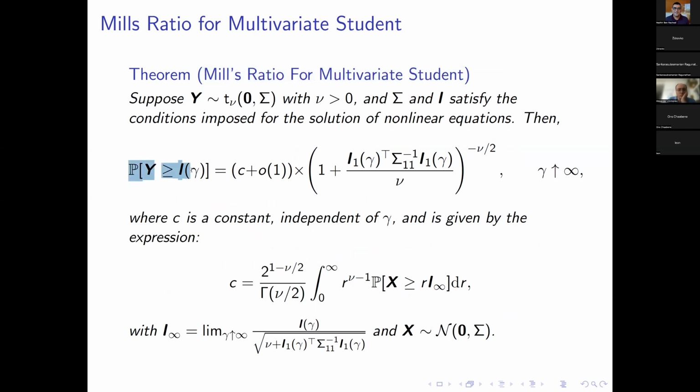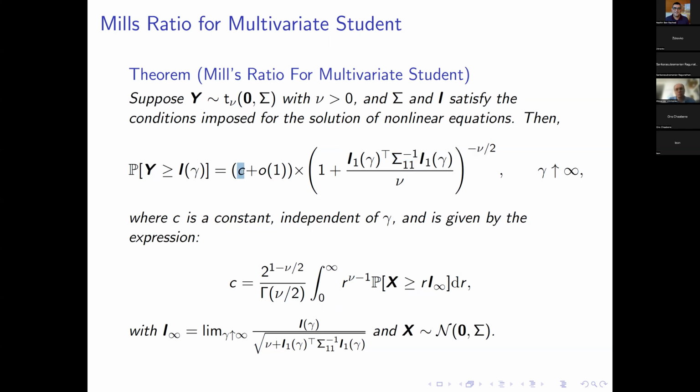So the tail of the multivariate student density is asymptotically the same as the multivariate student density, where note that this sigma 1,1 is a subblock, a submatrix of the covariance matrix of the multivariate student. So it is not the entire matrix. It is just the subblock that will give us active constraints in a certain quadratic programming problem.